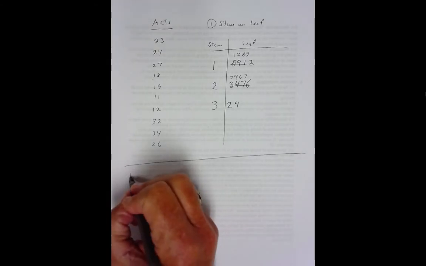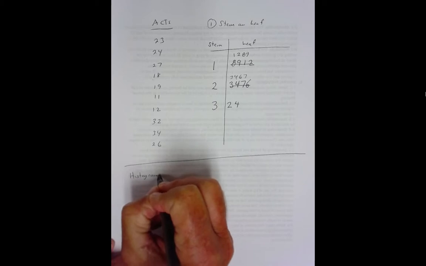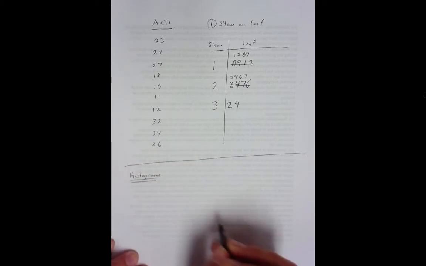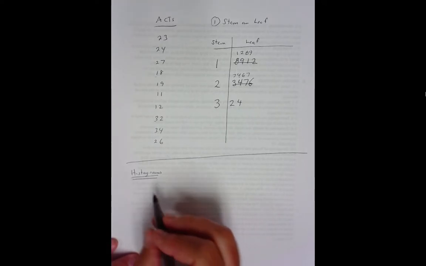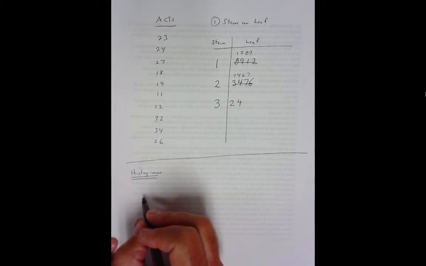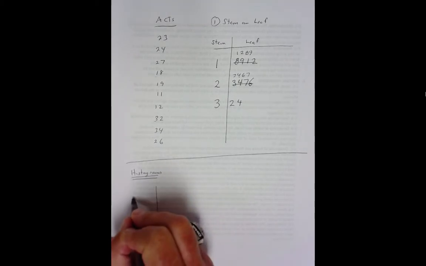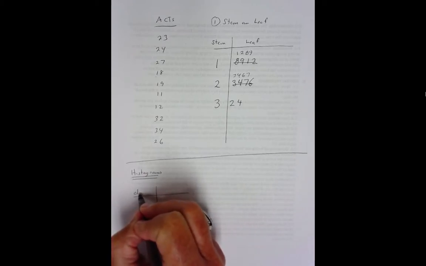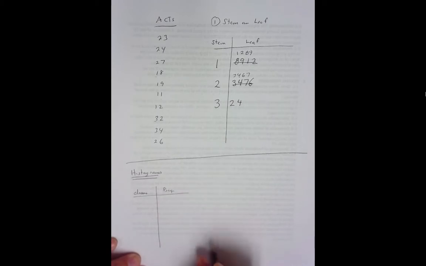Now, something else we run into that I want to just touch on is something called a histogram. And a histogram is really just a picture for a frequency distribution. So histograms begin with some sort of frequency distribution where we have classes and then frequencies of the classes.